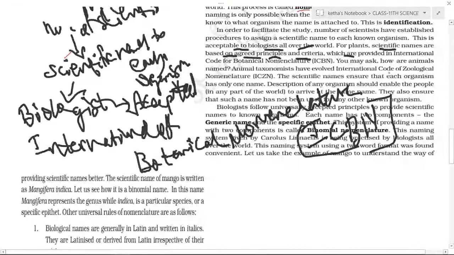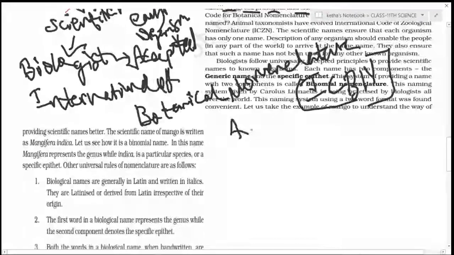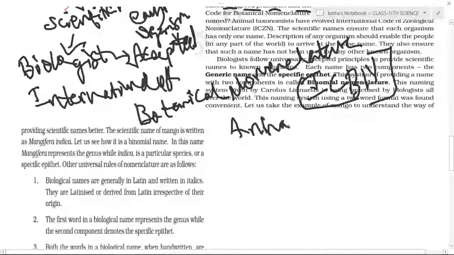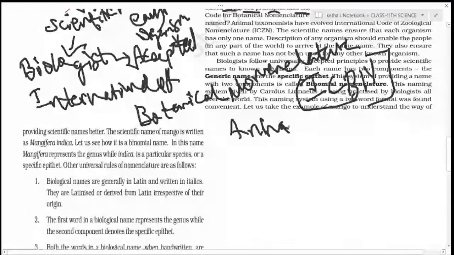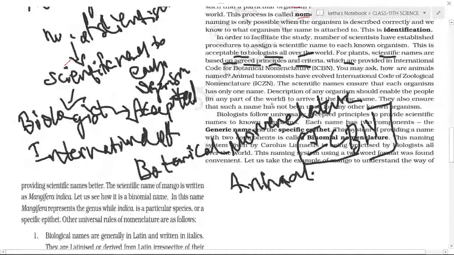Likewise, you may ask how animals are named. Animal organisms are also given scientific names.